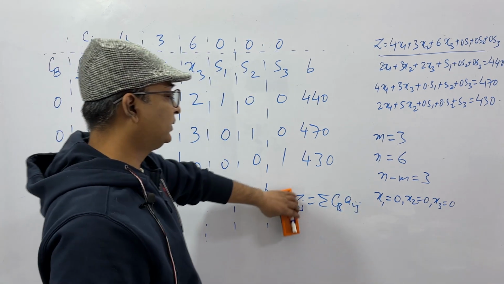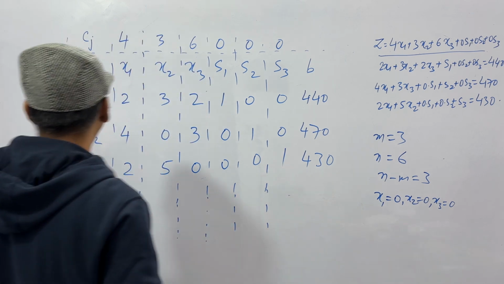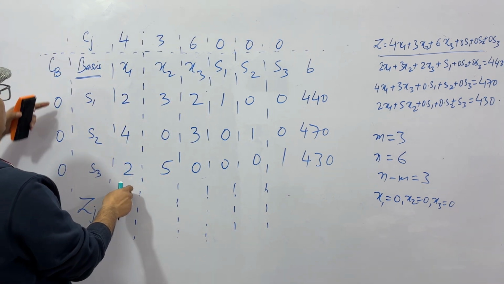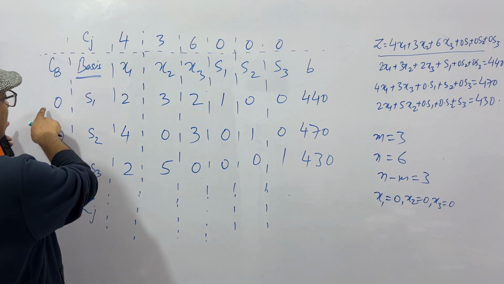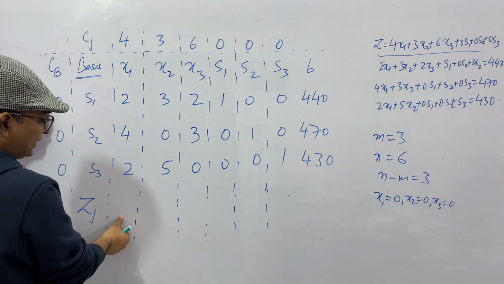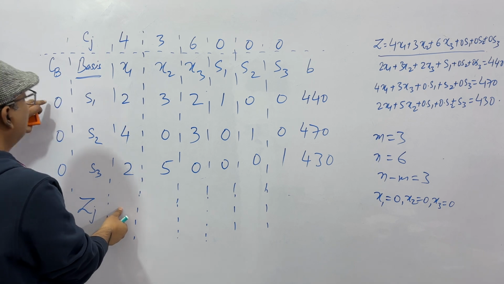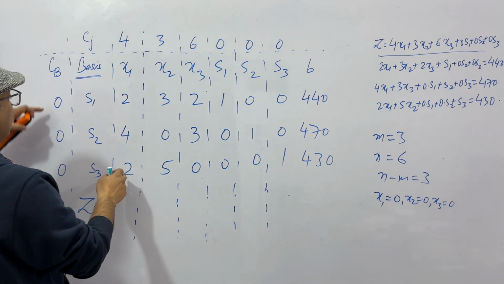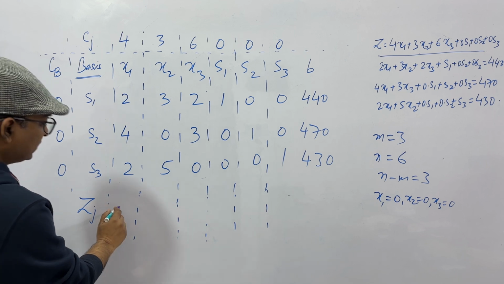What is the meaning, I am telling you in simple words? The simple meaning is this is a matrix and this is a matrix. So this is a row and this is a column. So this into this, the way we multiply matrices. For Z1, we'll do 0 into 2 plus 0 into 4 plus 0 into 2. Since we have all zeros here, this will be 0.